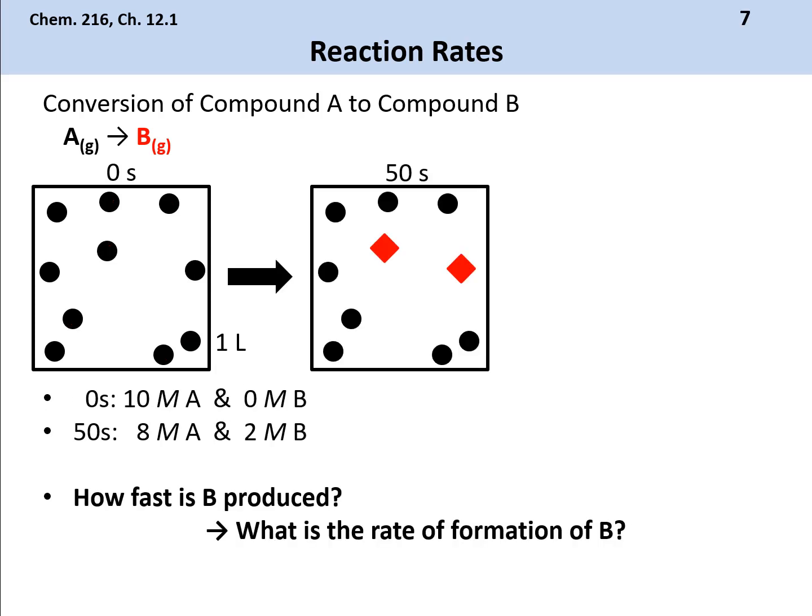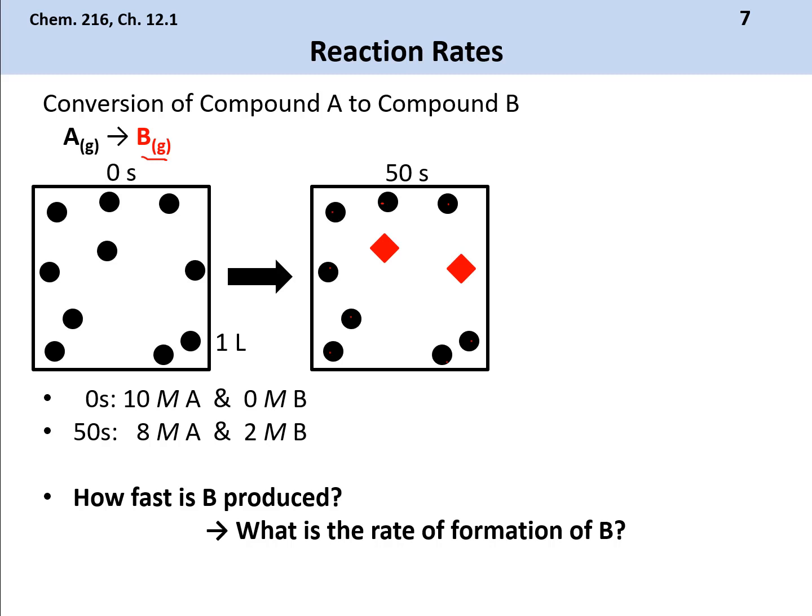Let's say 50 seconds later, I look at this and now I have 2, 3, 4, 5, 6, 7, 8 moles or 8 molar A, and I have only 2 of these red diamonds that signify B. So I have 2 molar B. I could ask myself, how fast is B being produced? Another way to say this is, what is the rate of formation of B?